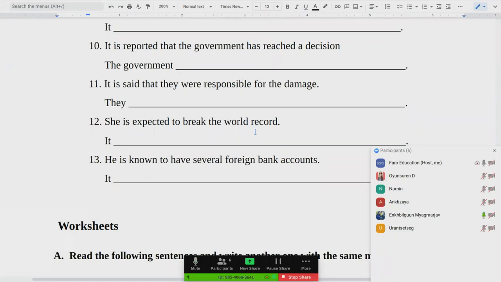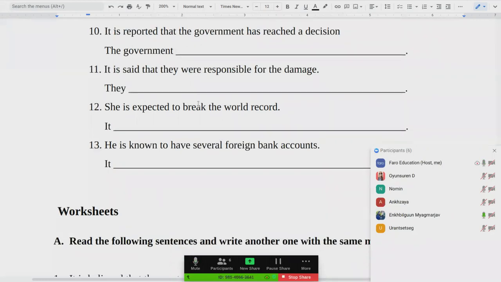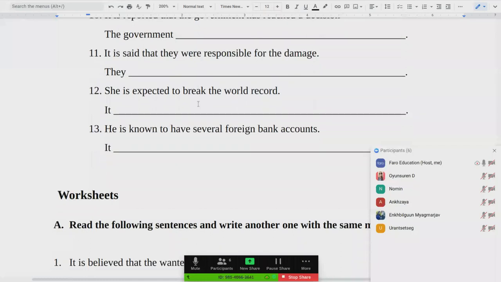They are said to have been responsible for the damage.